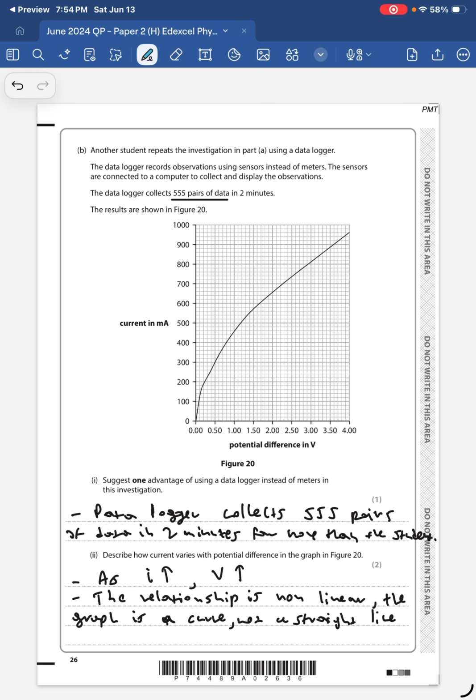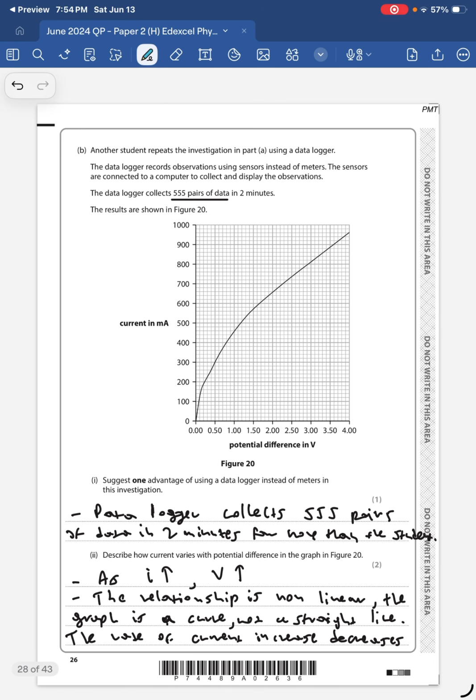Okay, the rate, you can write that, the rate of current increase decreases at higher voltages.